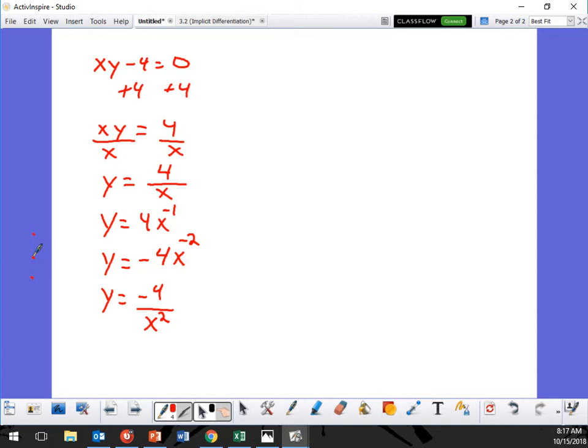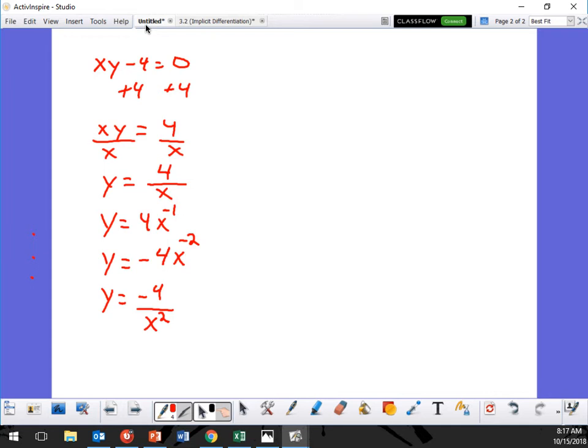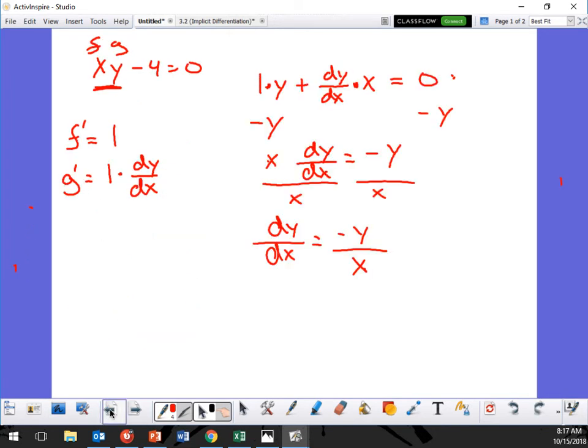Okay, so let's take a look at this last one. Verify the results A and B are the same. Okay, so I have this right here, and I also had that dy/dx is equal to negative y over x.